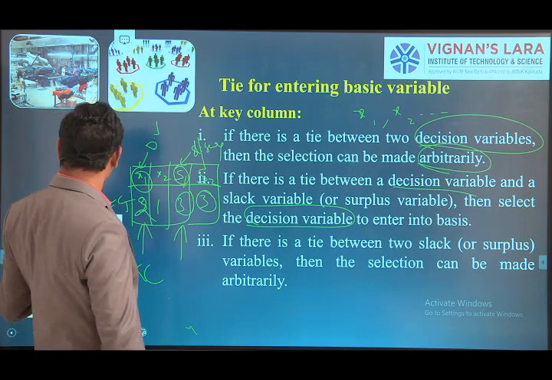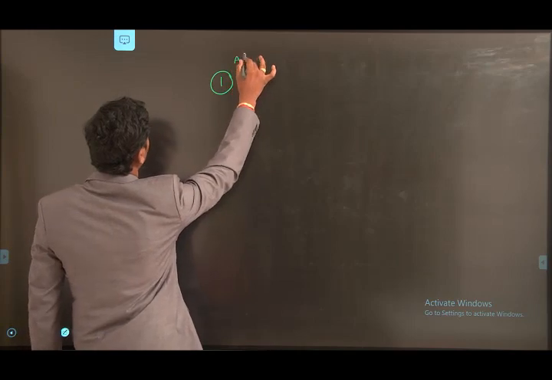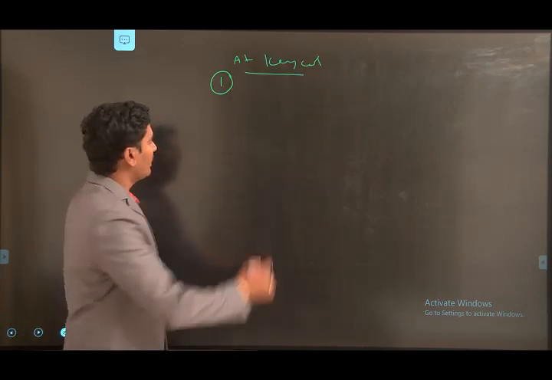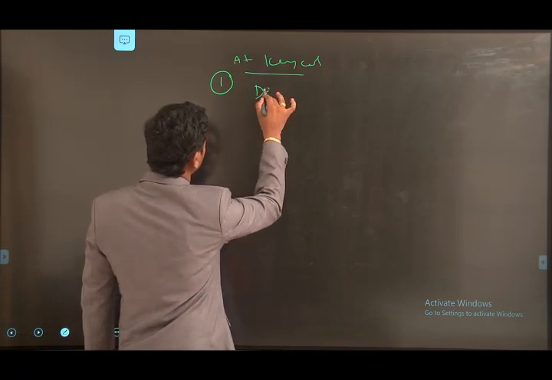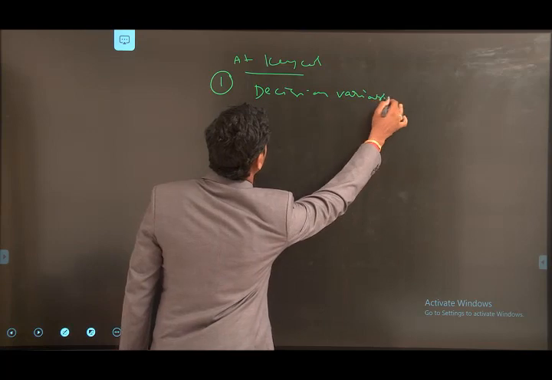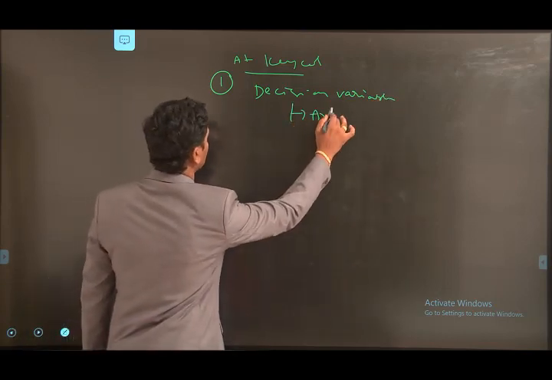What is the first rule? Rule 1 is the tie at the key column. If the tie occurs between decision variables, the selection is made arbitrarily.